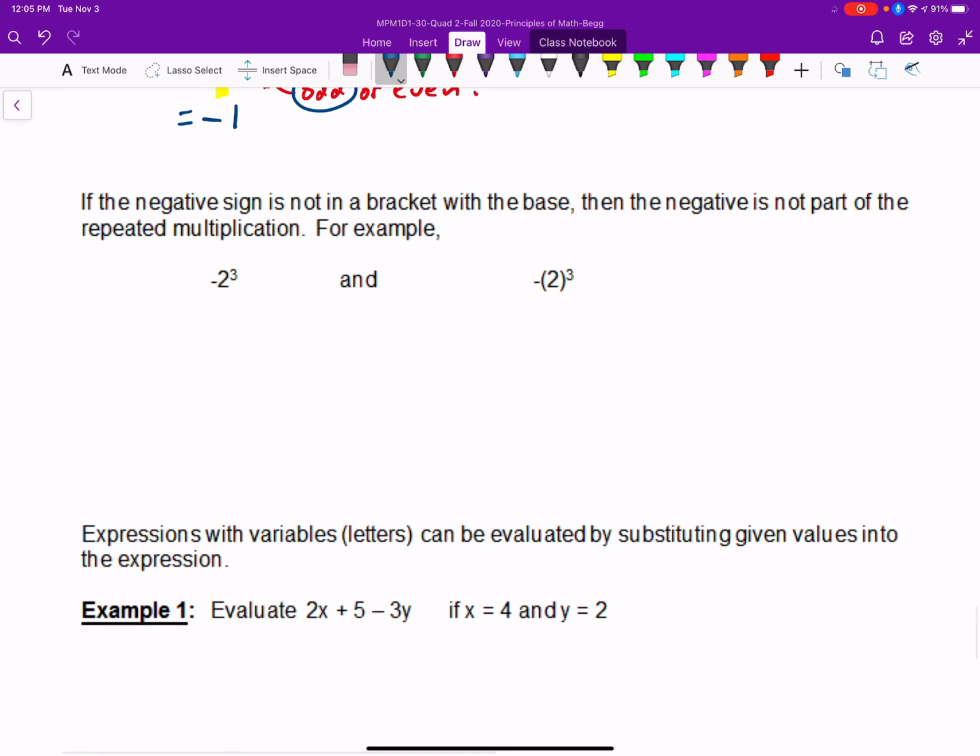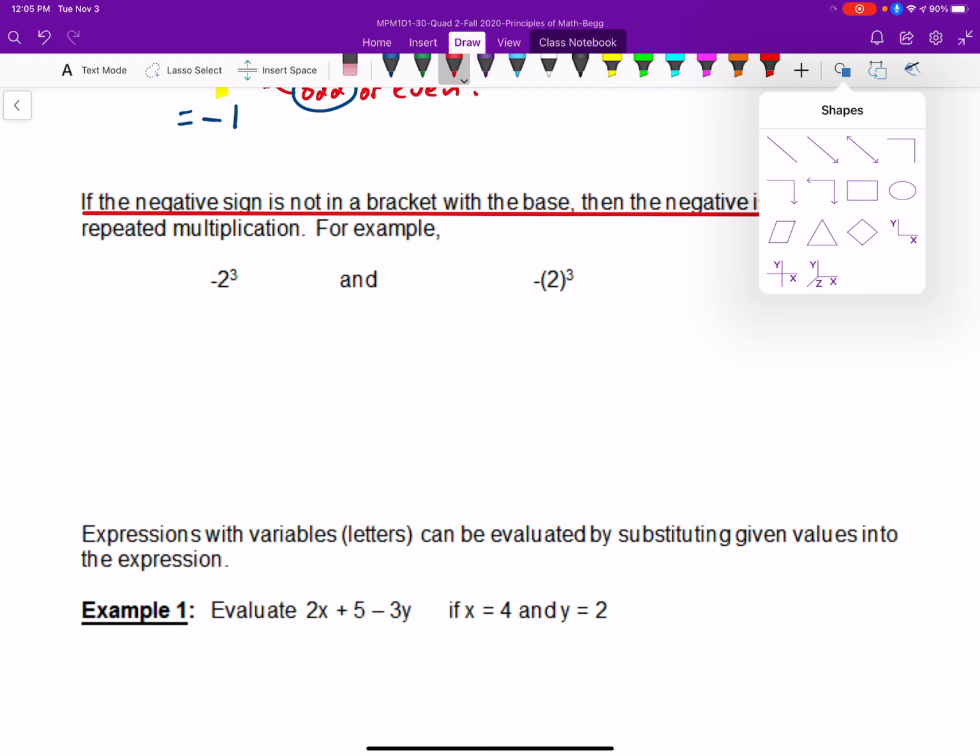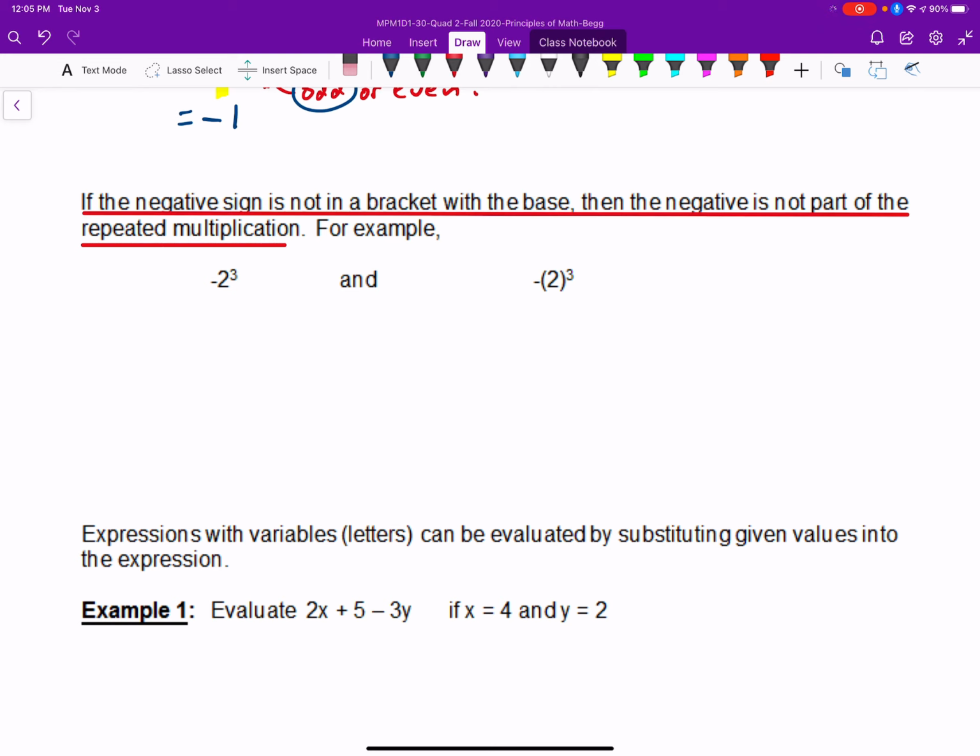If the negative sign is not in a bracket with the base, then the negative is not part of the repeated multiplication. That's really important to watch out for. I'm going to underline that in red. So there's a big difference between these two things. This and this are different.